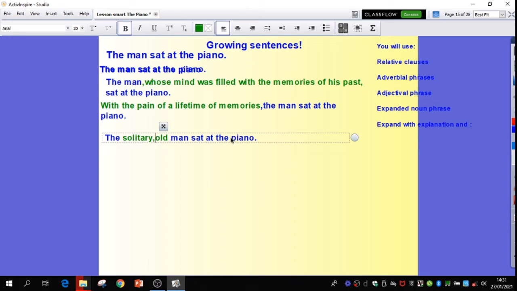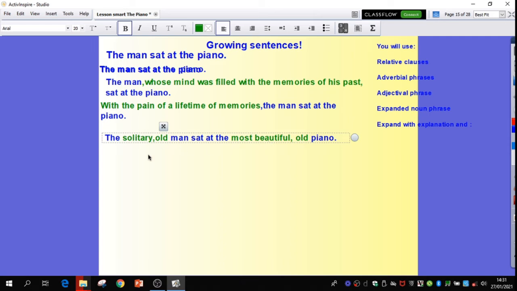So I've got another noun, so I can add another one here. Let's think about this. So I could say the solitary old man sat at the most beautiful, oh, look how I spelled beautiful, most beautiful old piano, the most beautiful, comma, and again I could have said the old most beautiful piano.